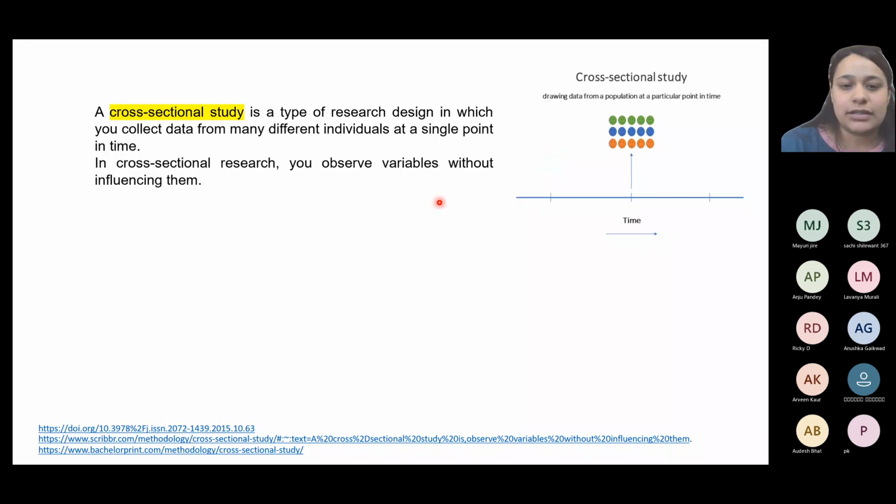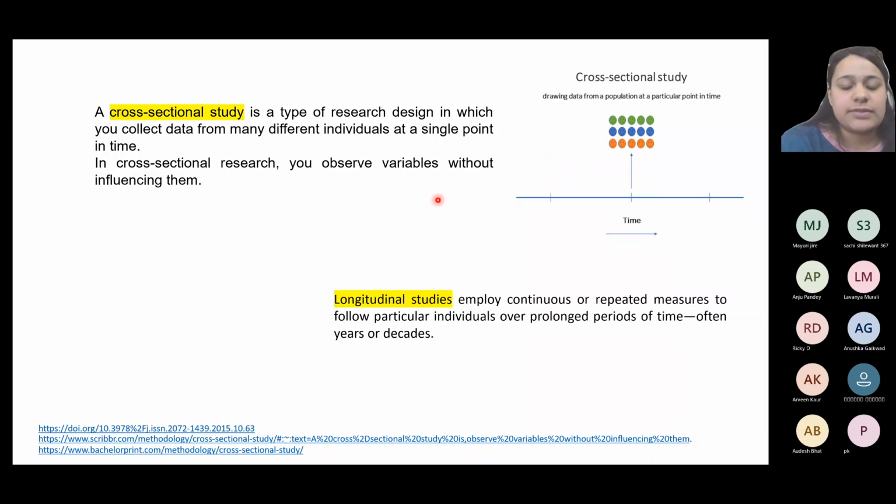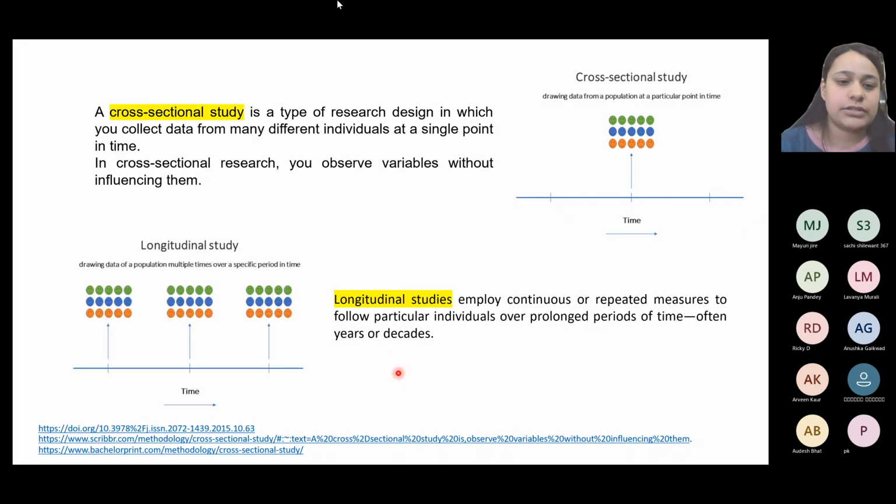On the contrary, there is another kind of study known as a longitudinal study. So what are these longitudinal studies? These employ continuous or repeated measures to follow particular individuals over prolonged periods of time, often years or decades. Let me put its illustration also.